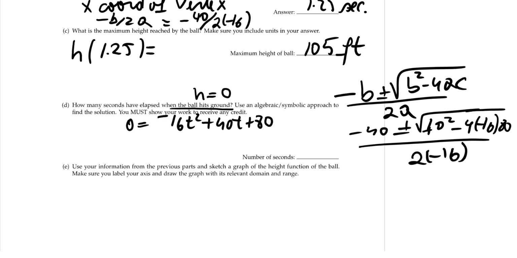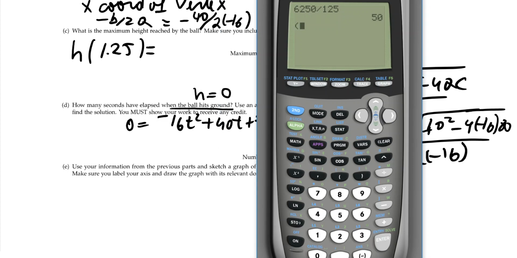So let's put that in the calculator. It's going to be negative 40, let's do the plus, square root of 40 squared minus 4 times negative 16 times 80. I get out of the radical, close the parentheses, and then I divide by 2 times negative 16, and I get this, negative 1.311.